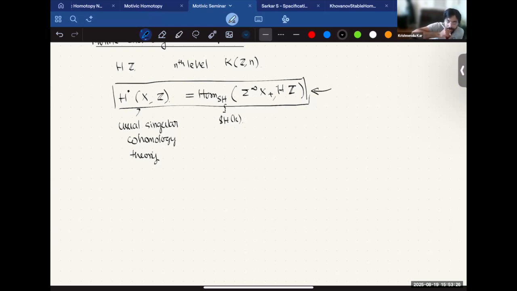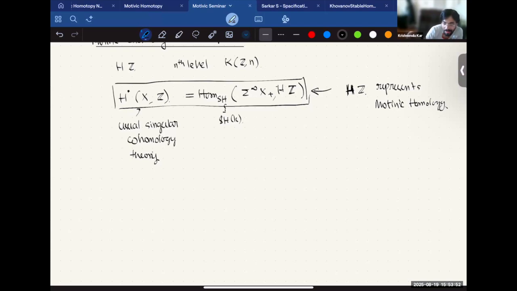It does not represent singular cohomology theory. However, you present, I think they are using a similar notation, but this H is more bold now, that represents motivic cohomology. And that's one of the big points of Morel and Voevodsky.